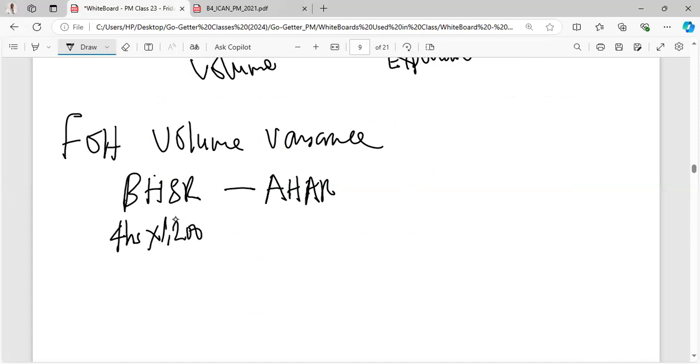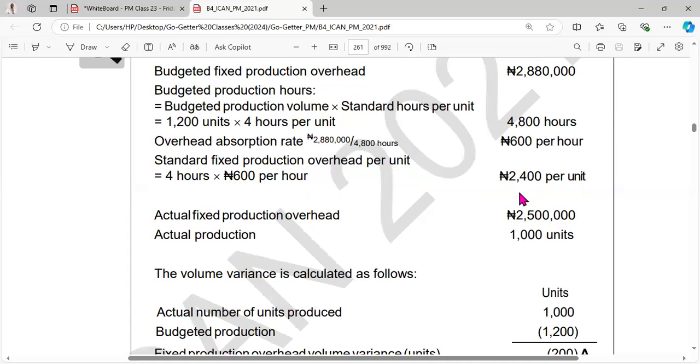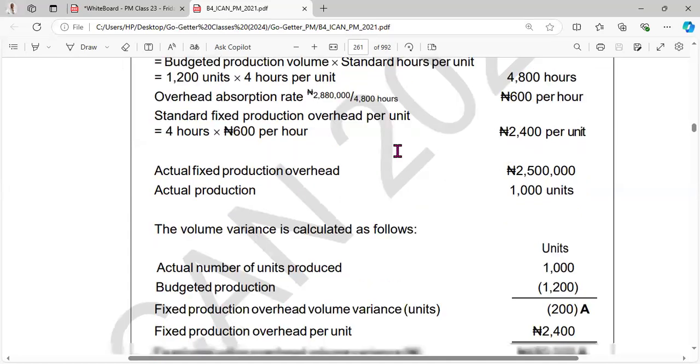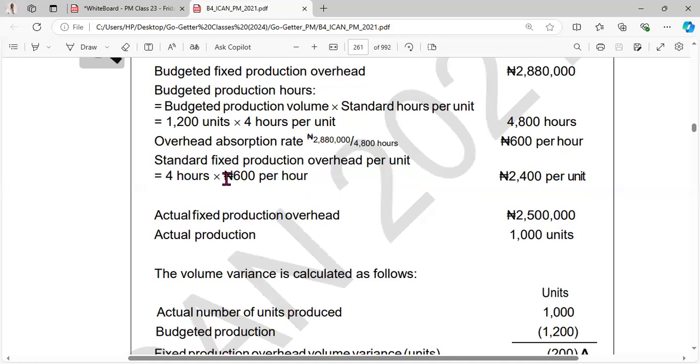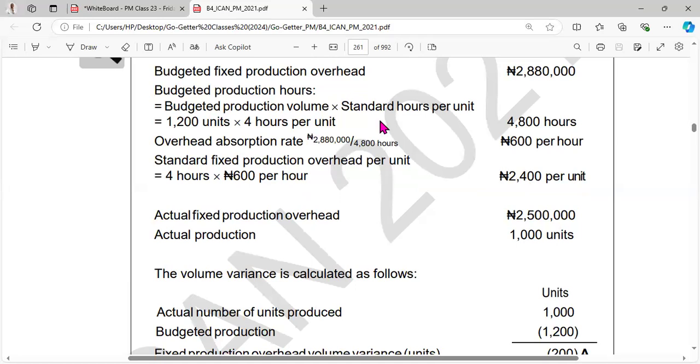That's what we budgeted for. It's as good as saying 4,800 hours is the budgeted hours. Then the budgeted rate is 600 naira, so this times 600.